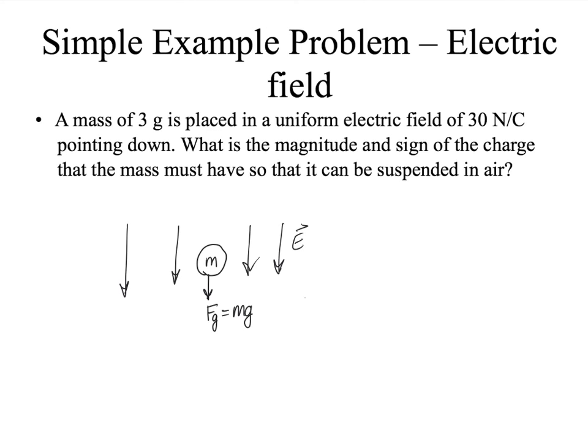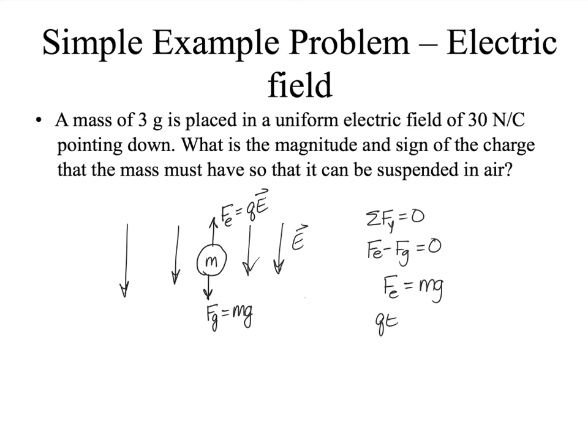Now, basically, the question is telling us that I also need a force up due to the electric field, which is going to be equal to Q times E. If it's in equilibrium and the sum of the forces in the y direction is 0, Fe minus Fg has to be 0, or the two have to be equal in magnitude to each other.